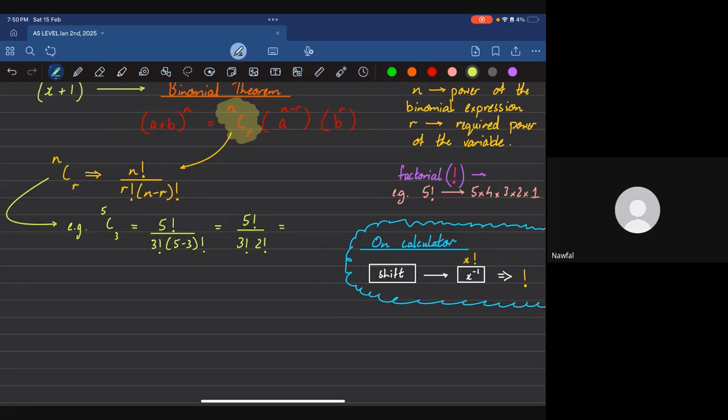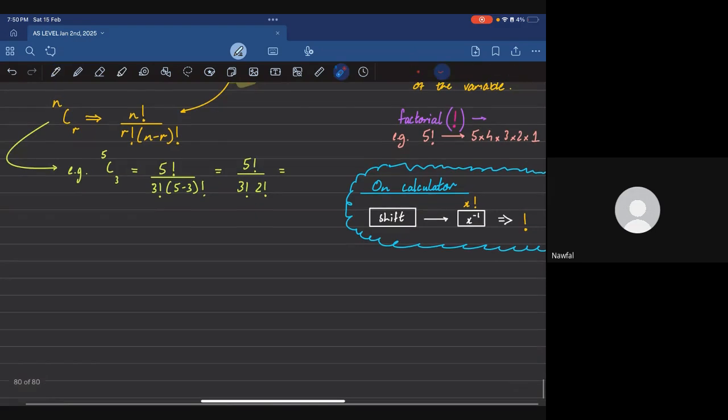Can you solve this and let me know what the answer is? Come on, people, I can do this. If it takes too long, I can do it mentally. 20, 60, 120. This is 120. It's 10.